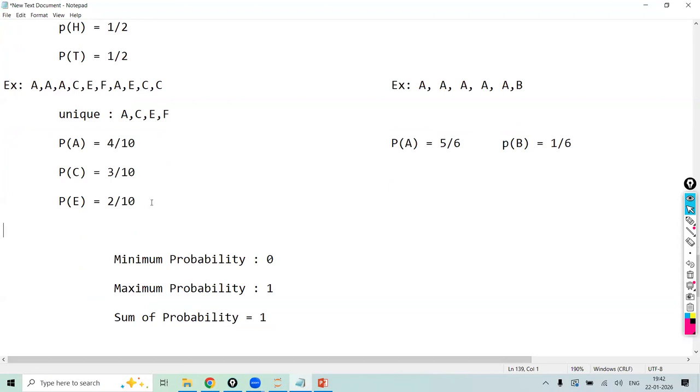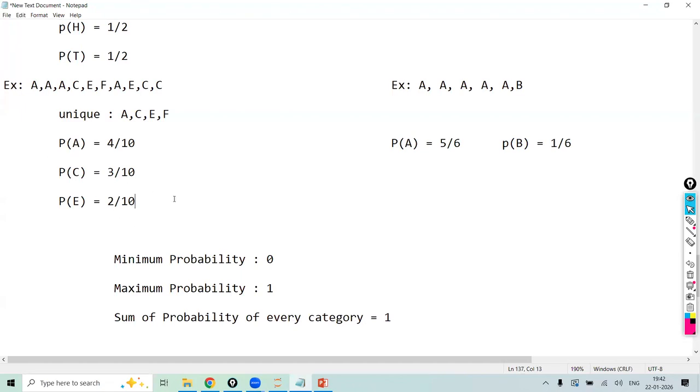So here the point is the sum of the probabilities of every category in the data. It is not limited to some categories. If you are calculating only for two categories, the sum of the probability will not be equal to 1. How many categories are there? Every category you have to consider. Then only the sum is going to be 1.